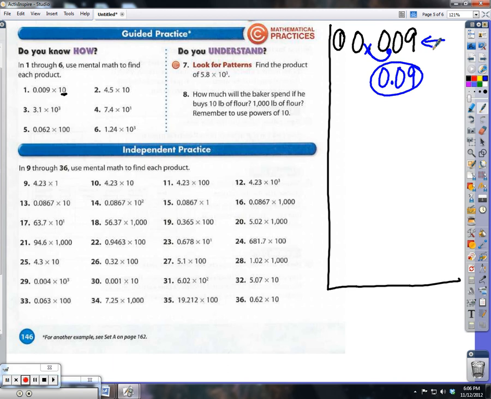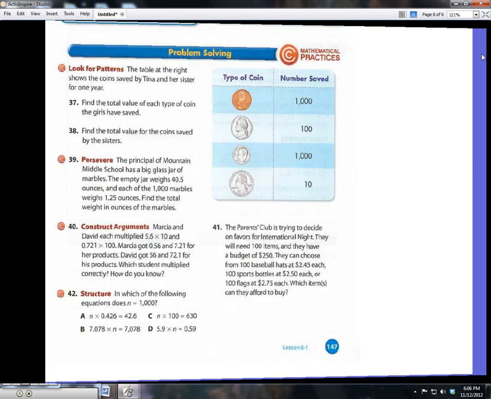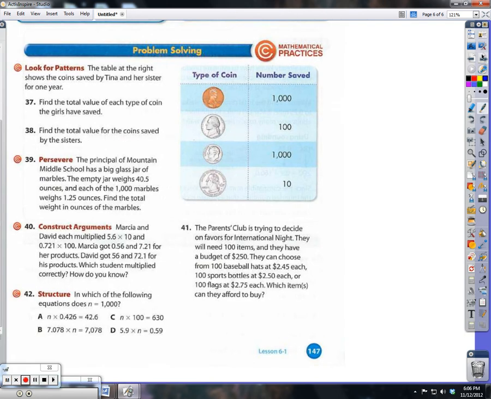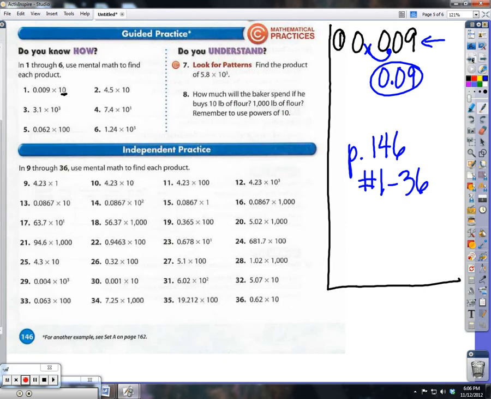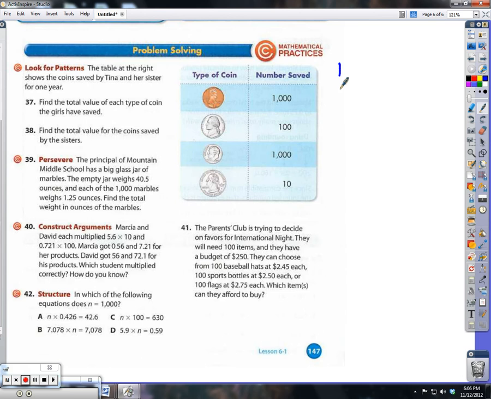Okay, so that's all of this page. Page 146, remember you're doing all of them, numbers 1 through 36. And then over on page I can't see the page number. So 146, all right, page 147, just want to make sure.